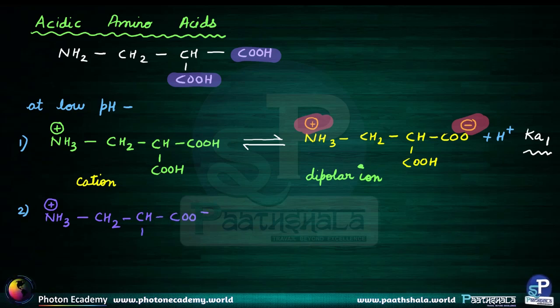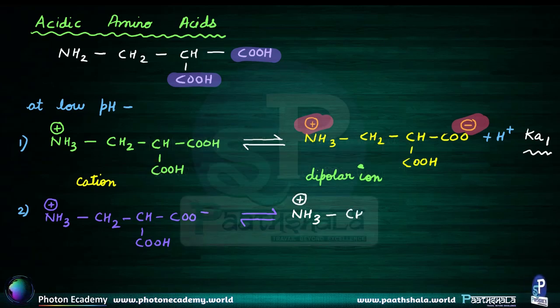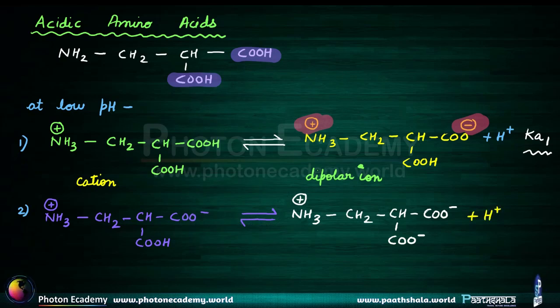Now, with time, the H plus is again being lost, that is, deprotonation is occurring again. The NH3 positive remains intact, but the more acidic H is at the COOH, and since we have one more COOH, this COOH will lose its H plus. Now we have got Ka2, the second dissociation constant.